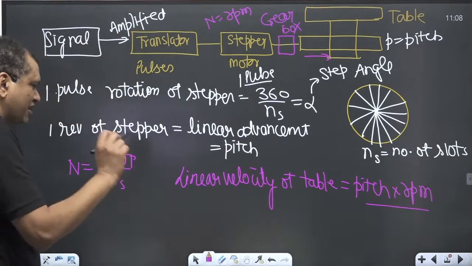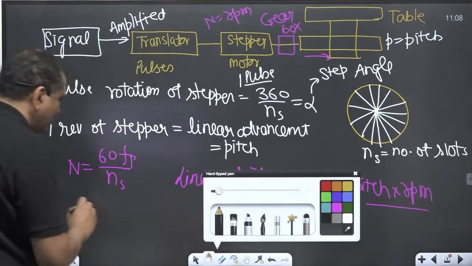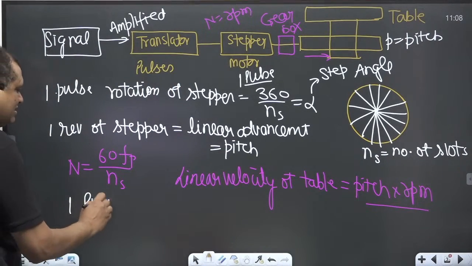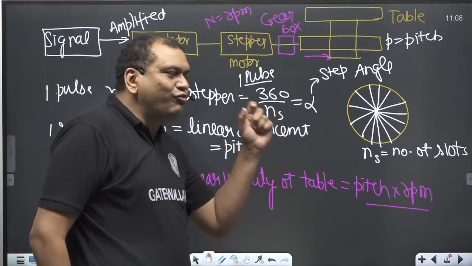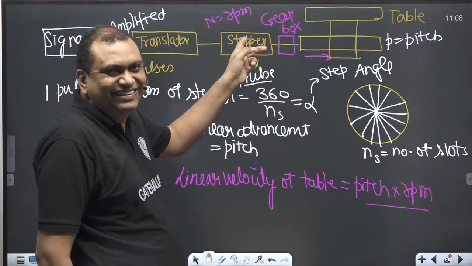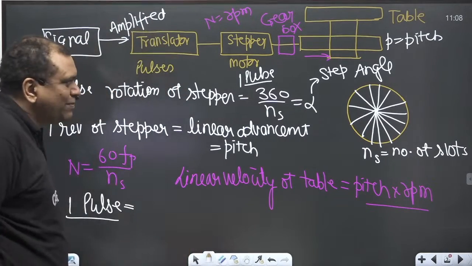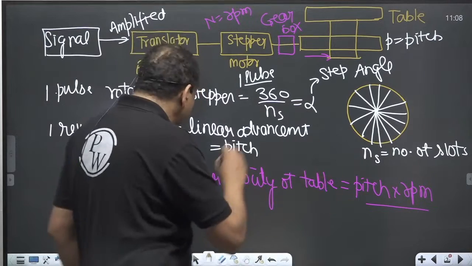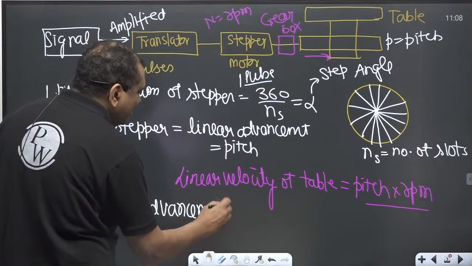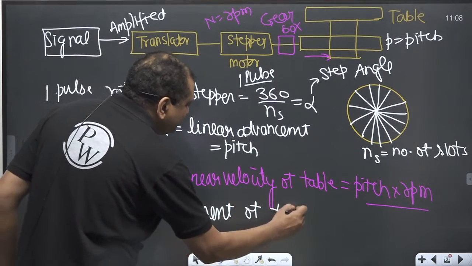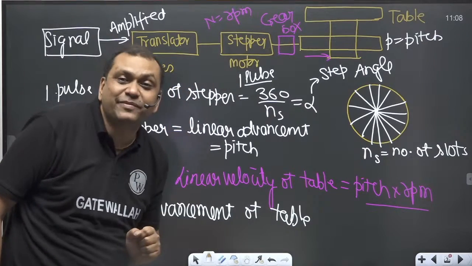One more thing you should remember, and this is a very important point. Corresponding to one pulse of the stepper, it advances by 1 slot. So corresponding to one pulse, how much is the advancement of the table?